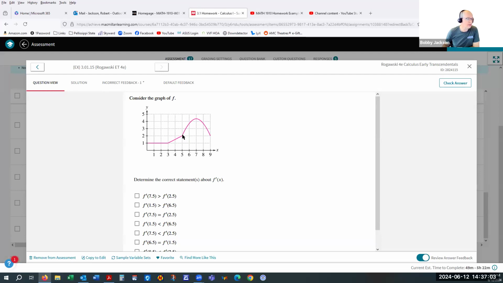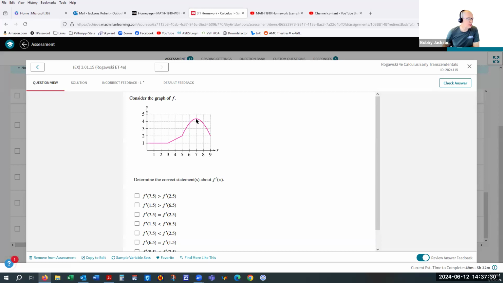Now, again, at 5, there's a pretty abrupt change. If we look at this portion, it's like a parabola that's opening downward. If I look at the tangent line at any point between x equals 5 and x equals 7, the slope is going to be positive. The tangent line is the line that just touches the graph. The slope is positive, but as we move from left to right, it's getting less positive.